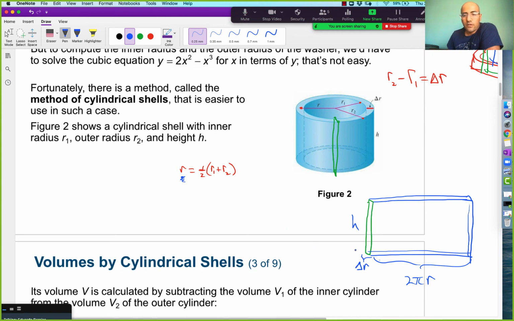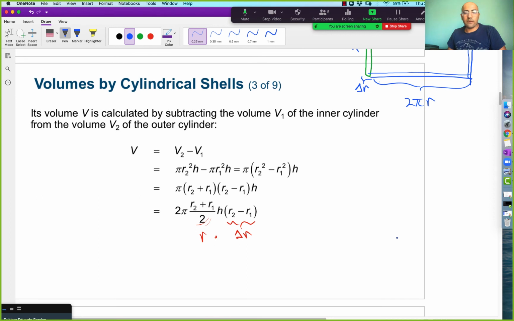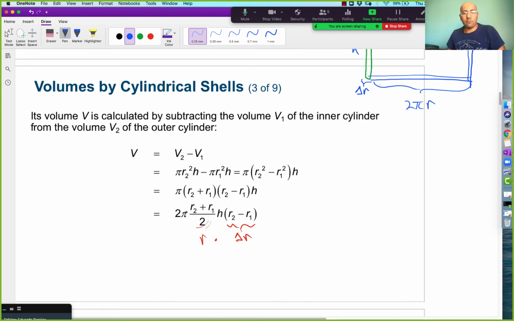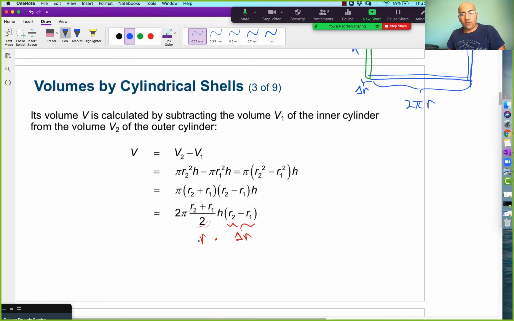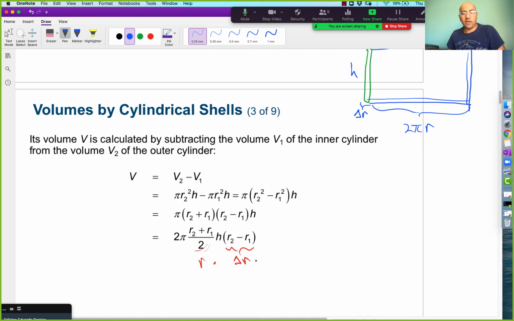If we multiply the three together, we get the volume of this almost rectangular shape. And that's what we end up with over here. So it makes sense. We have 2 pi and then r, where r is the average of the two radii, times the height, times the delta r.